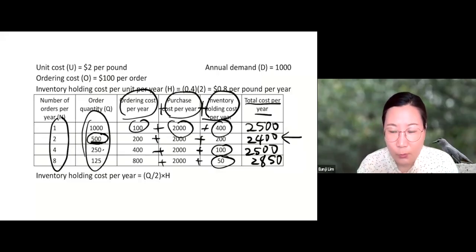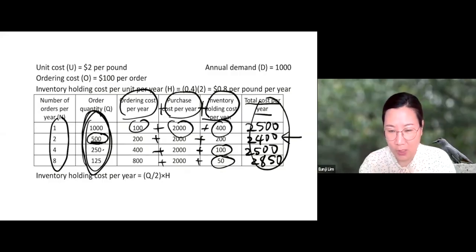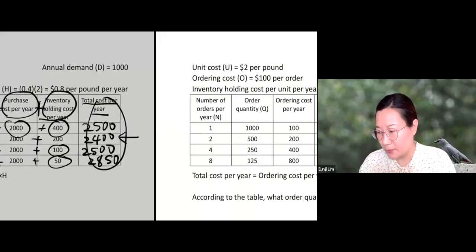So what we can do is try all the possible values for the order quantity, compute the total annual cost for each of these values, and choose the one that produces the lowest annual cost. And we can call it the optimal order quantity. The good news is that we already have a formula for the optimal order quantity.